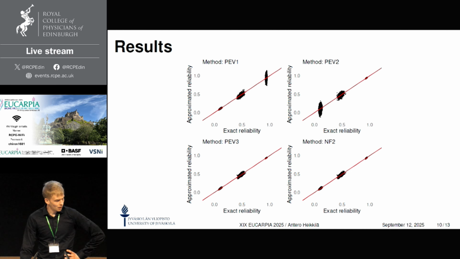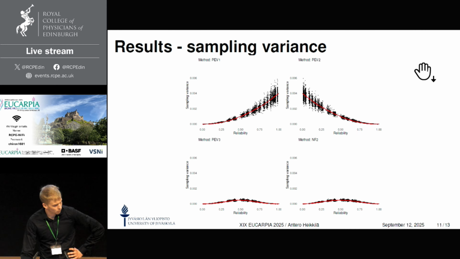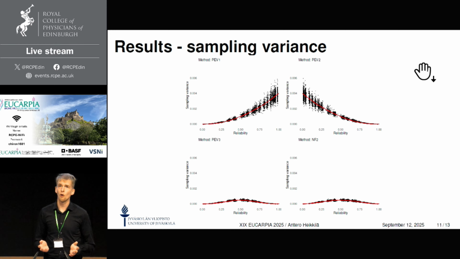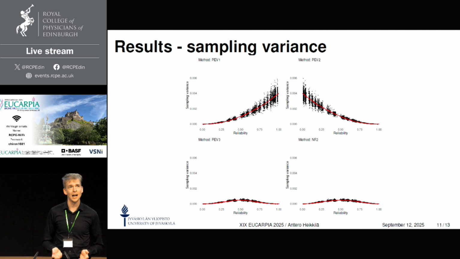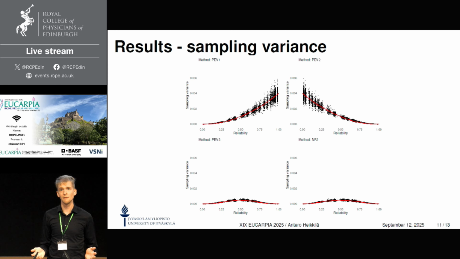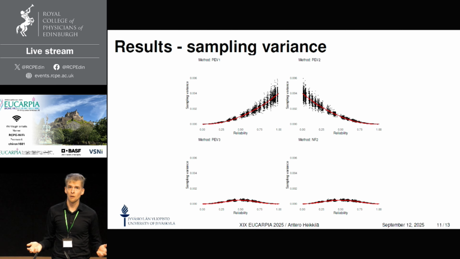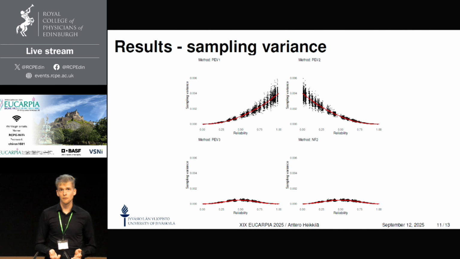Now we may figure out why there are differences across these methods. Here is the reason: these 4 methods all have different sampling variances. In these pictures, on the x-axis there is the reliability, and on the y-axis the sampling variance. The red line is the asymptotic sampling variance, and the black dots are realized sampling variances. If you look at the top left corner again, there is the method PV1.